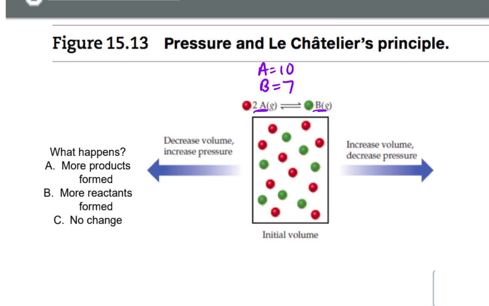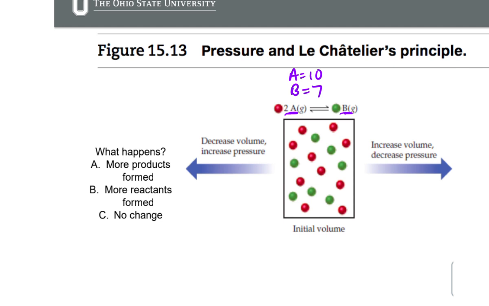So we're going to first look at what happens if we decrease the volume of the box. Now we are basically squeezing those molecules closer together, and we're disturbing the equilibrium. What do you expect is going to happen? Are we going to form more products or more reactants?